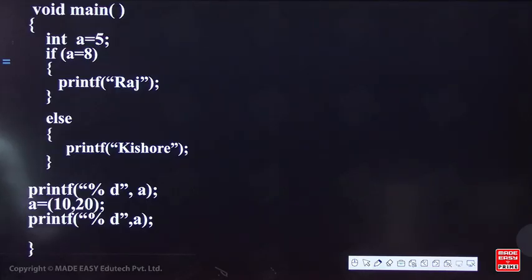Sai Tejaswini, so keep giving the comments. Right.